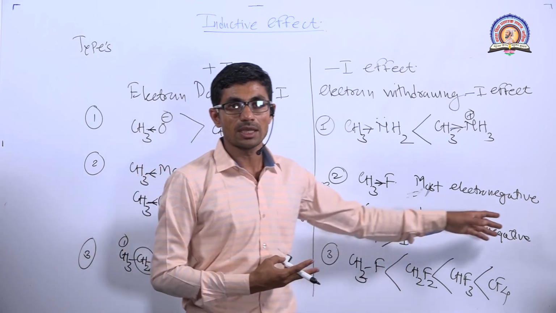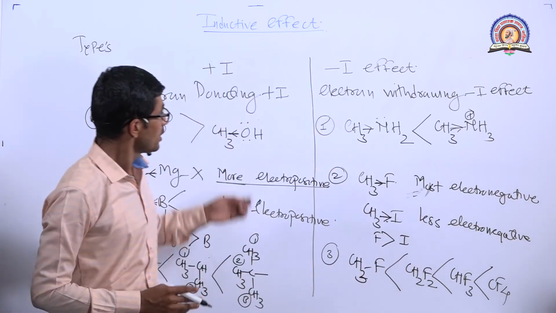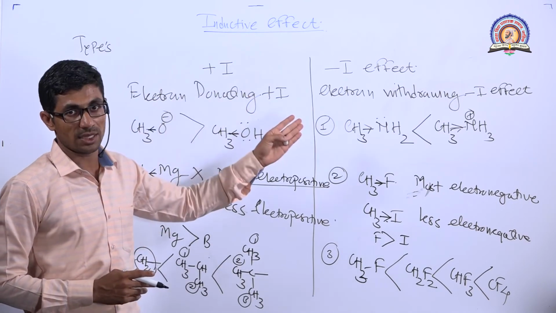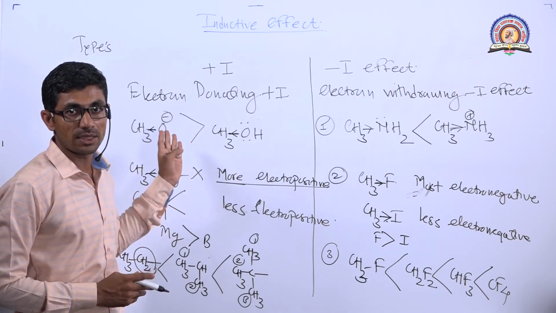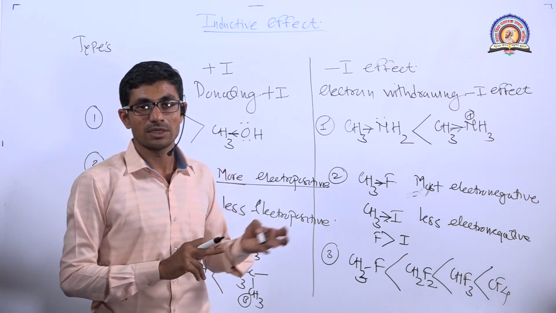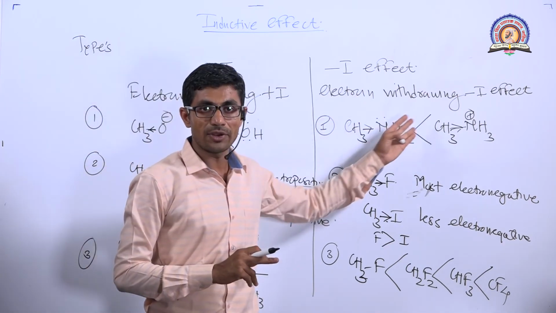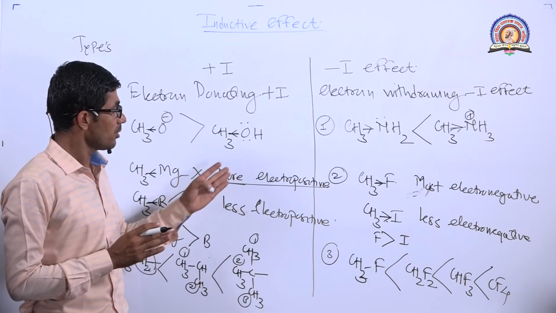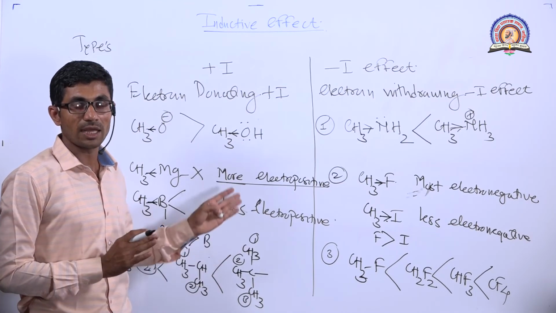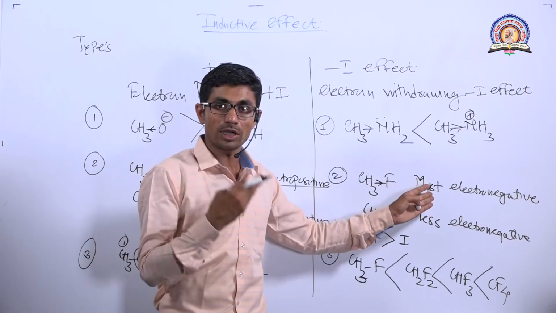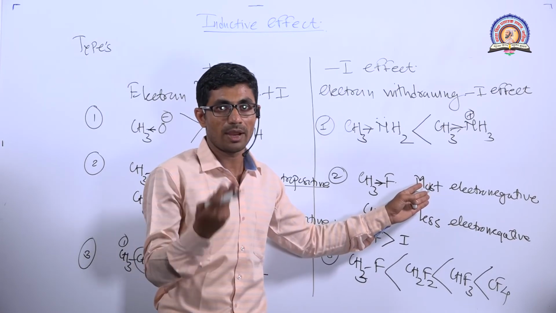So in this way, these are some factors that affect plus I and minus I. First is the neutral atom versus negatively charged, and positively charged versus neutral atom. The second factor is the electropositive character: the more electropositive the character, the more plus I effect; the more electronegative the character, the more minus I effect.